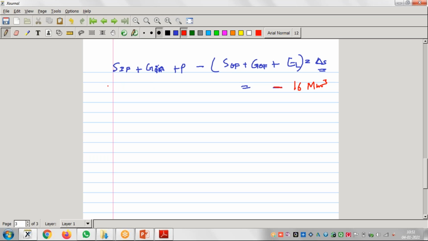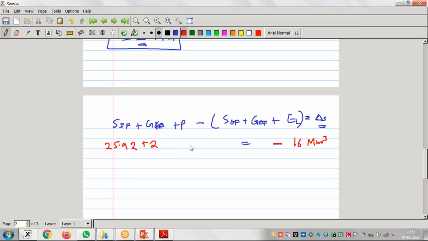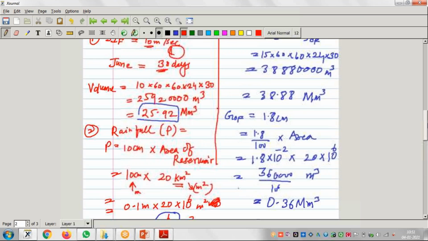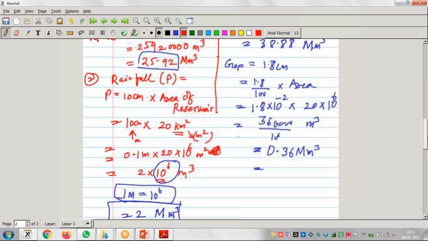I will put here surface inflow, that we actually determined as 25.92, plus this 2, right? Only 2 quantities are given. SOF is 38.88 and GOF is 0.36.